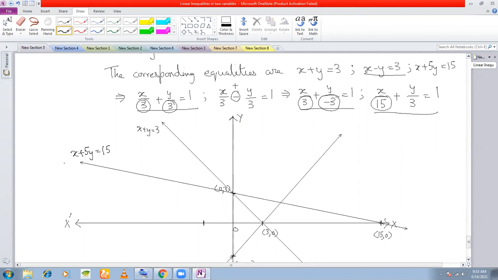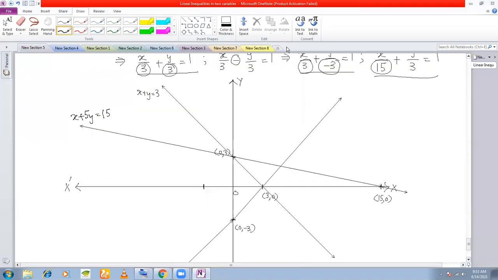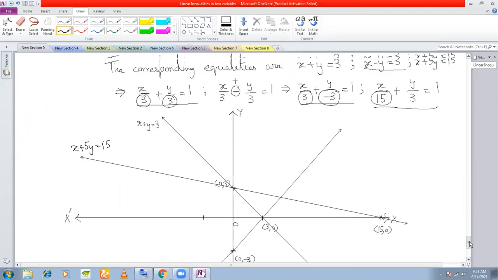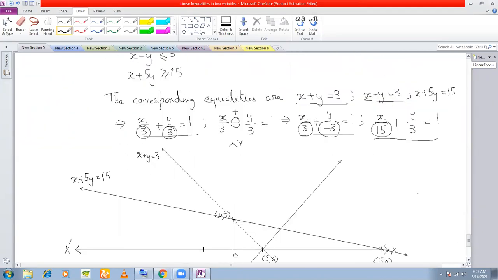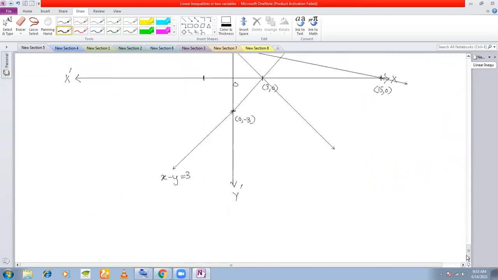So now once we have drawn these 3 lines, we see that each of these lines divides the entire xy plane into 2 sides. One is the origin side, the other is the non-origin side, right? Consider the first equation. x plus y minus 3 equal to 0.